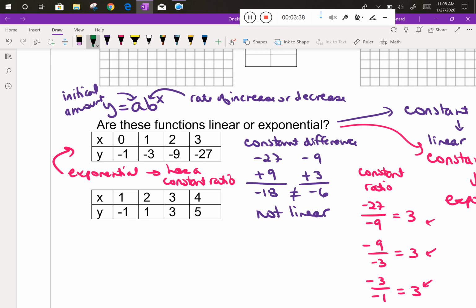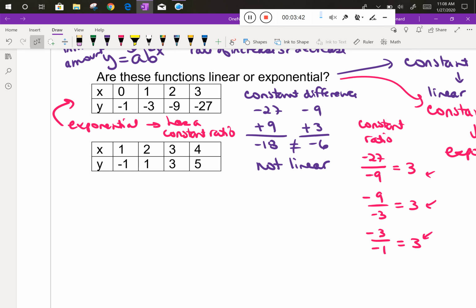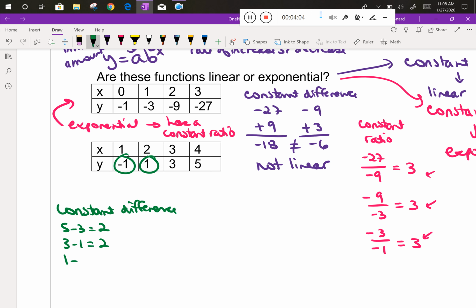Let's try this again with a second set of data. So first we're going to check for a constant difference, which means we're going to start at the end and subtract pairs. So we're going to say 5 minus 3, which is 2, and then 3 minus 1, which is 2, and then 1 minus negative 1, so 1 plus 1, which is 2, and we're like, hey, that worked out.